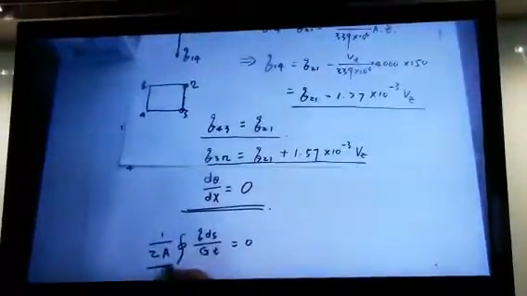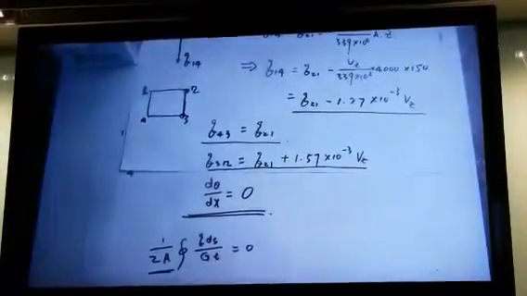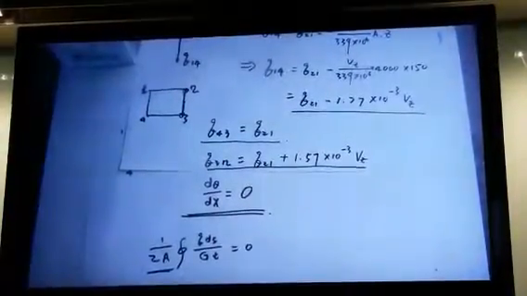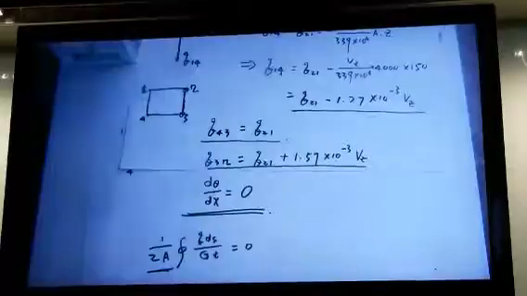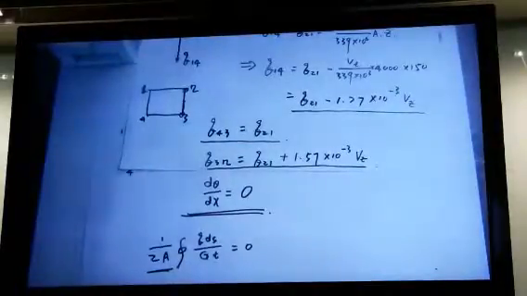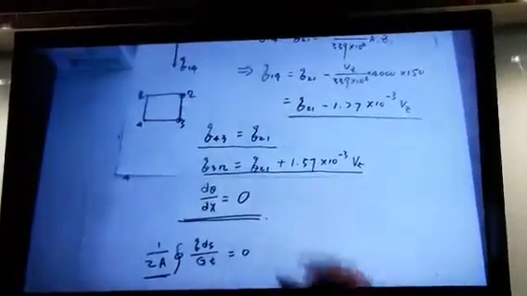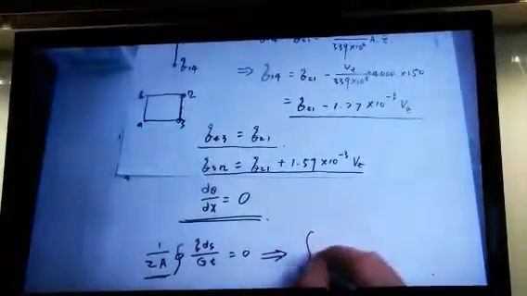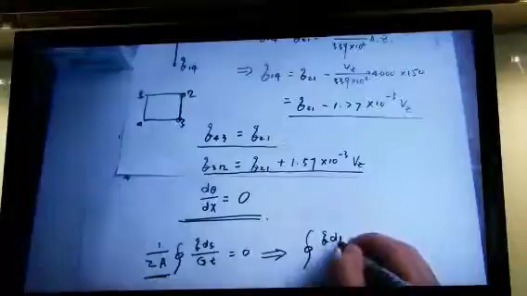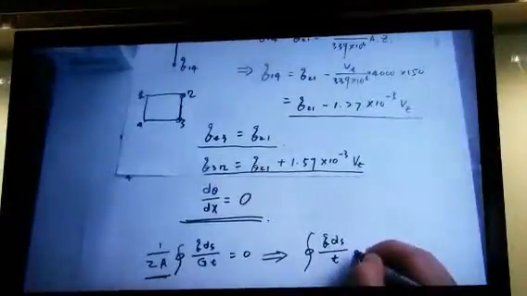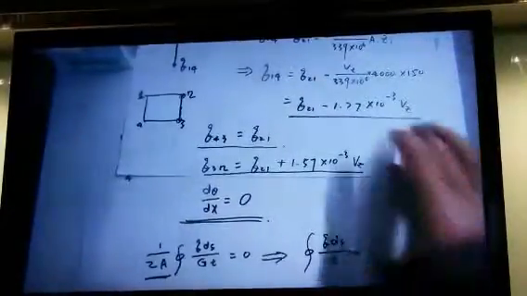This A is the area of the whole cross section, so we can take it out. The shear modulus is the same everywhere, so we also can take it out. The remaining term becomes ∮ q ds/t equal to 0.